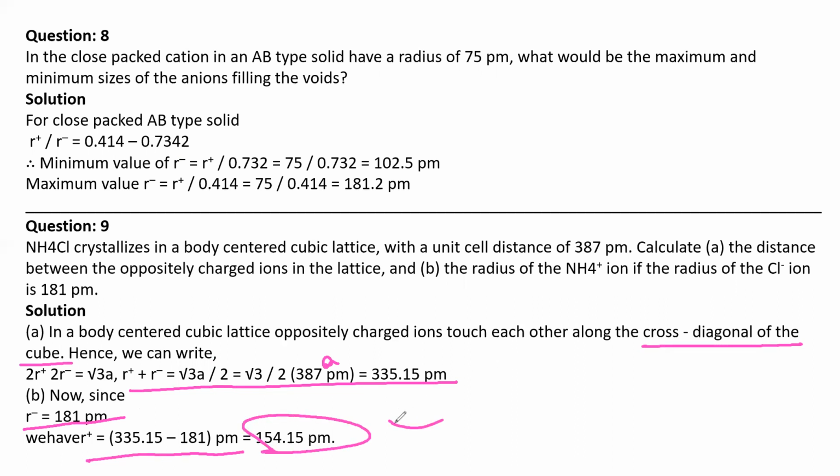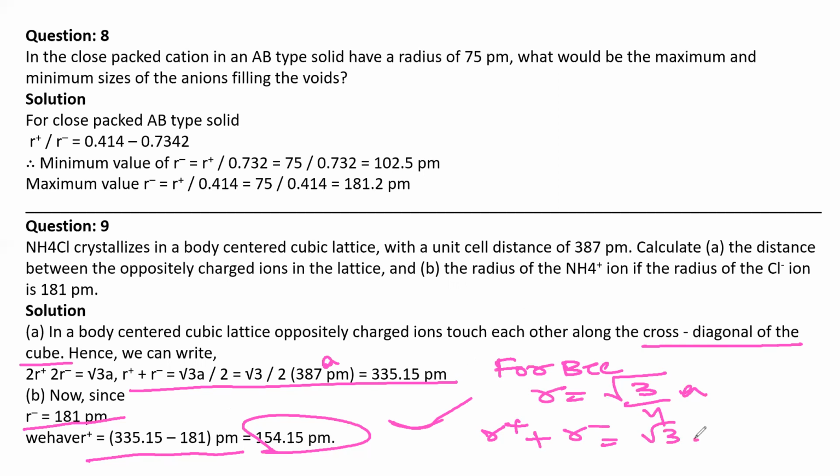This also we can take like this. For BCC, the relation between radius and edge length is r equals root 3 by 4 a. And if you are taking the radius of cation and radius of anion, r plus plus r minus is equal to root 3 a by 2.